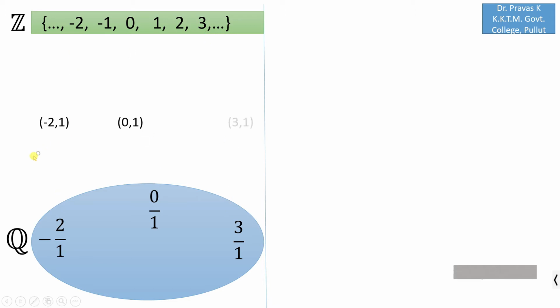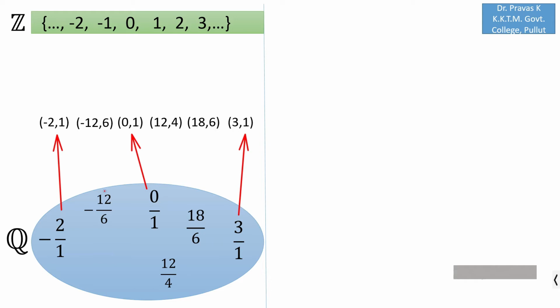That is, any integer in Q can be expressed with the help of an ordered pair where the second coordinate is 1. Not only that, you can express any rational number with the help of an ordered pair as given in this example.